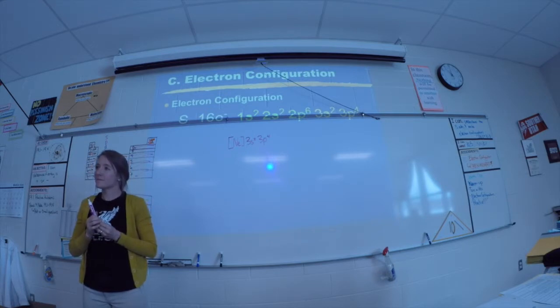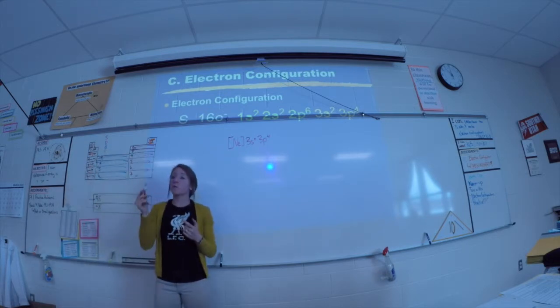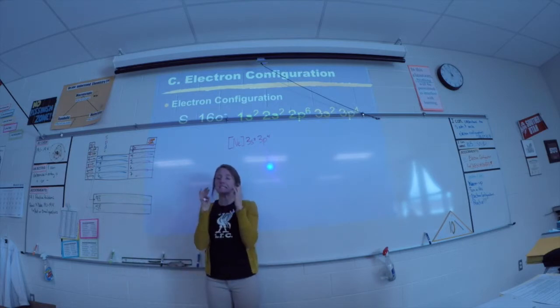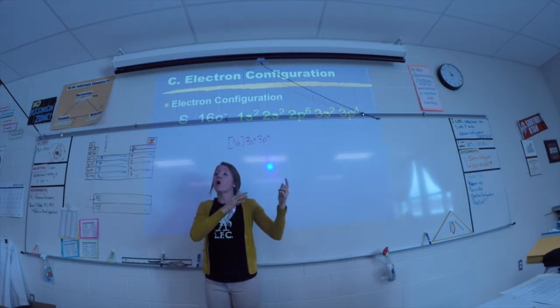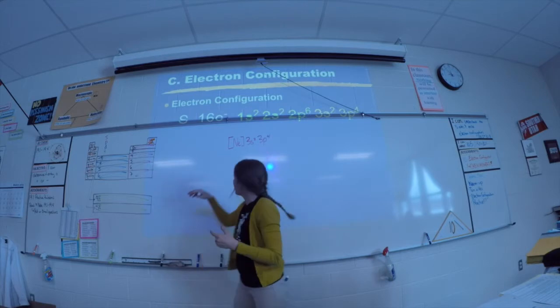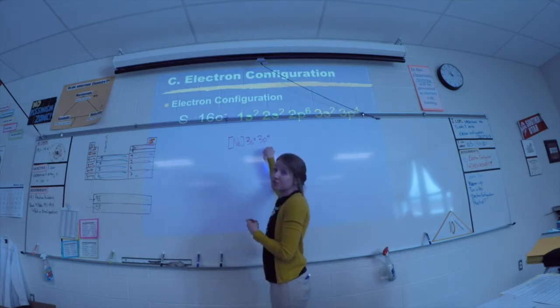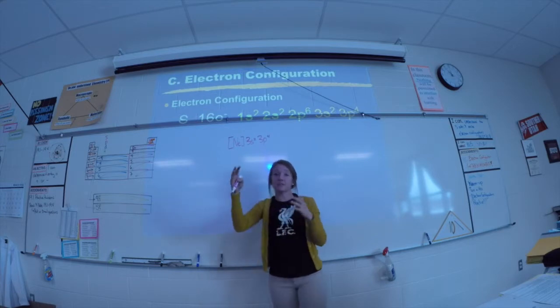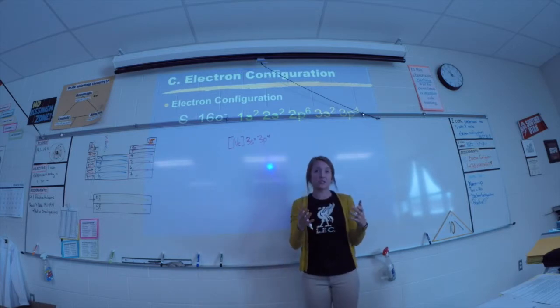So the thing you have to remember, and the reason why we can use the noble gases, is the whole point of these configurations is to give us information about the electrons in the atom. And the ones that matter are all the ones on the outside shell, and all of these are on the outside shell. So we don't want to hide them away, because in later things when we start using these configurations, seeing them gives us information.